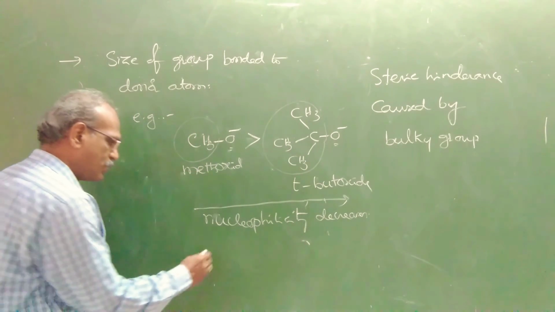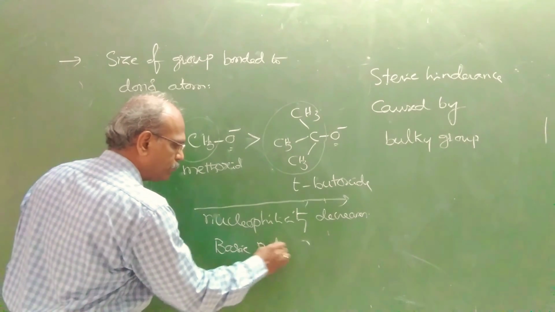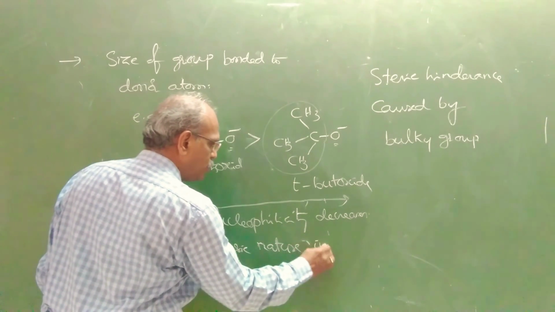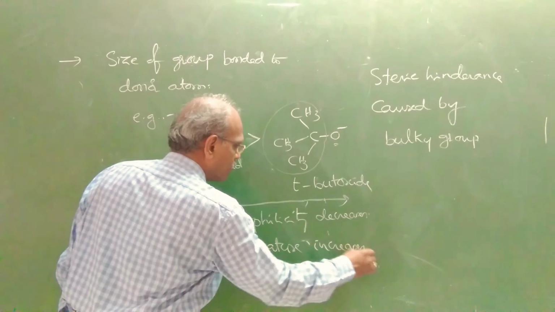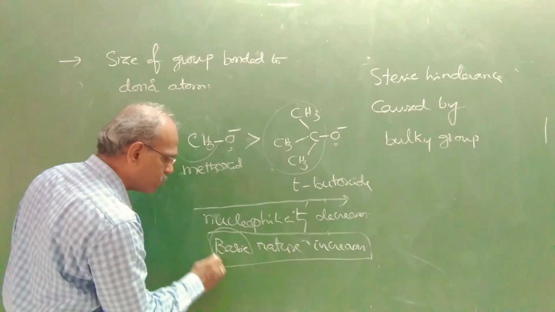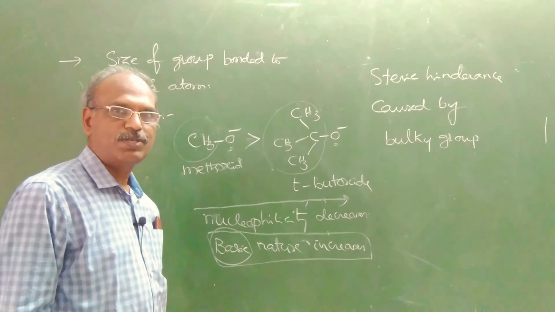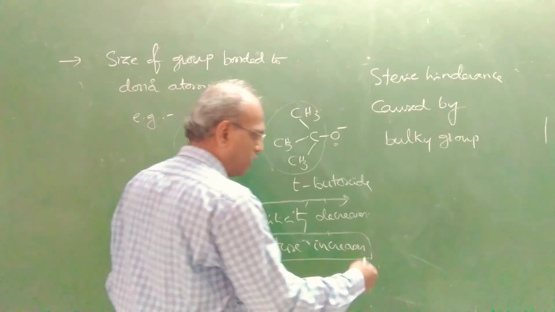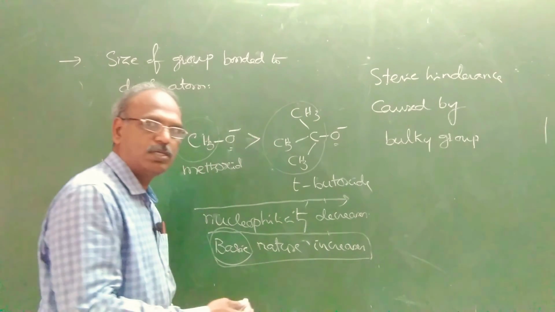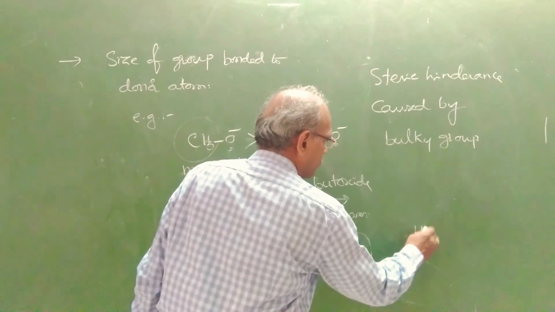one thing is, basic nature increases. Why? See, basic nature is measured by the donating capacity of a species, an electron pair, to H plus.